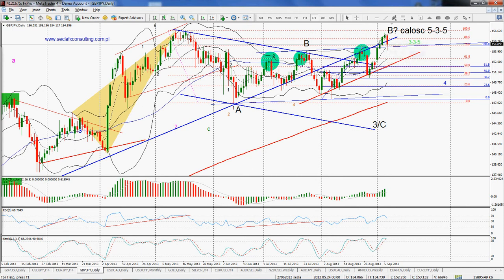The B line was able to reach almost the beginning of the A wave. So if it's the A, this is a 5, 3, 5 again. So that's the B most probably, and now we can expect a very strong downward movement to the C. Okay, so that is what may happen.